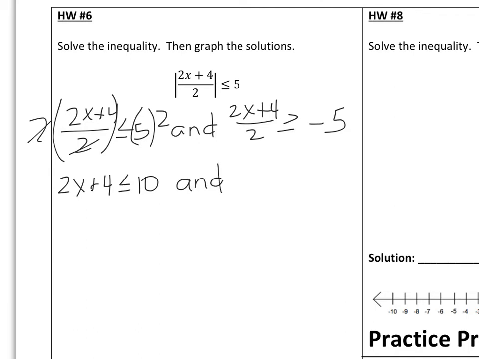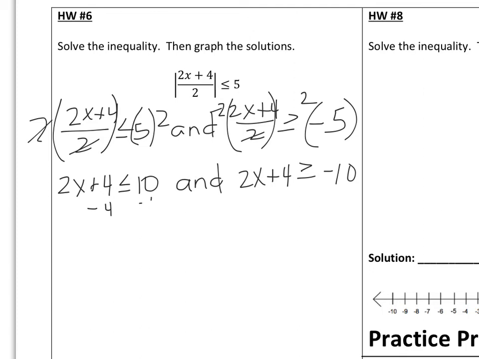And I can do the same thing to this problem over here, times both of them by 2. So I'll have 2x plus 4 is greater than or equal to -10. So now I can go ahead and solve both of these. So I'm going to subtract 4. 2x is less than or equal to 6.